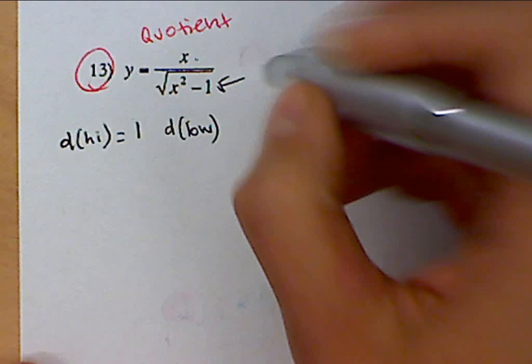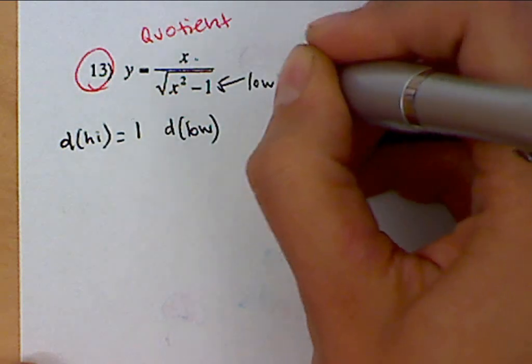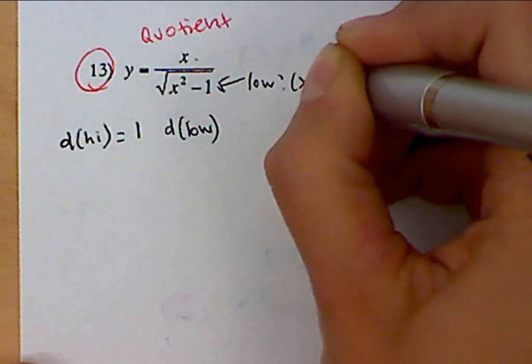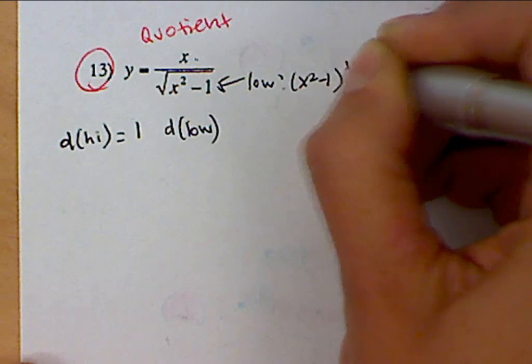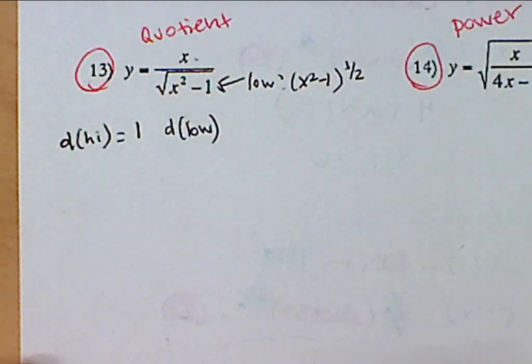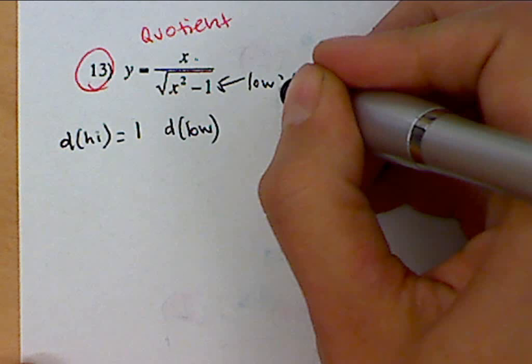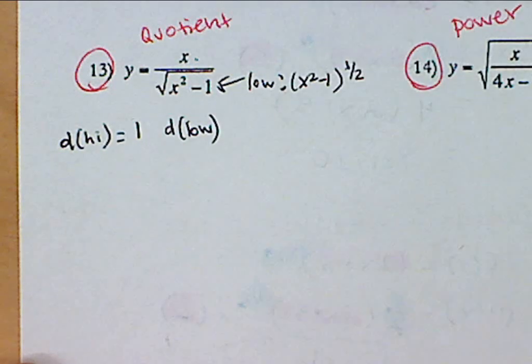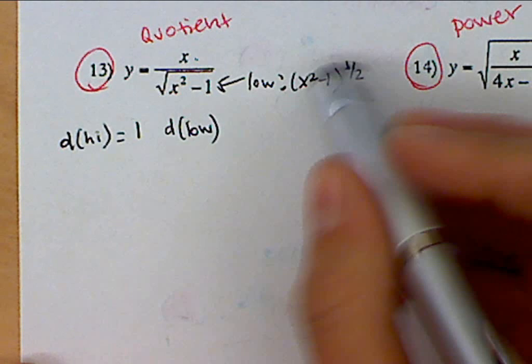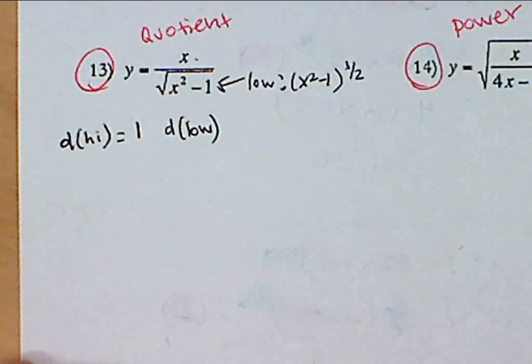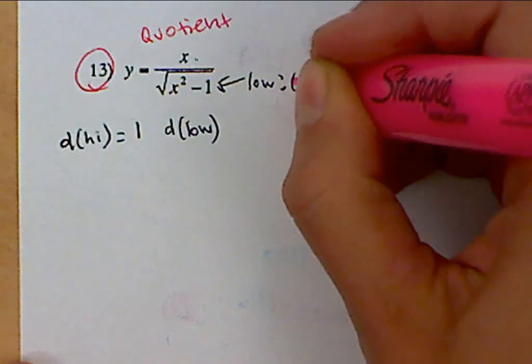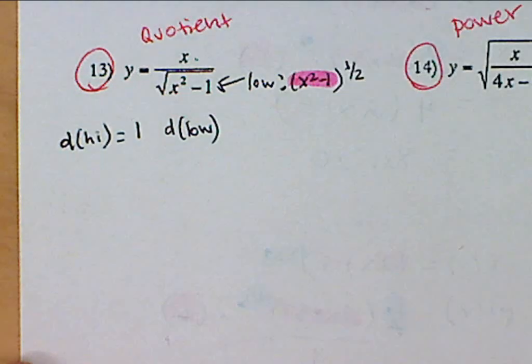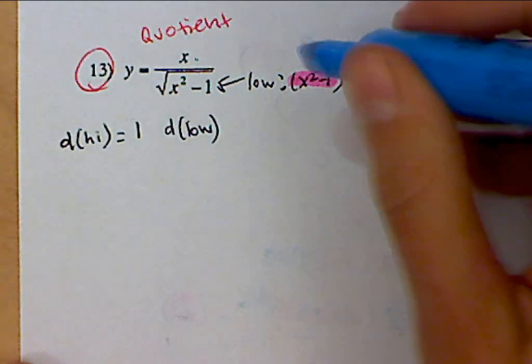So this low function I'm going to rewrite as (x squared minus 1) to the 1/2, so that I can take the derivative of that easily. So that's my lower function. When I take the derivative of this, I need chain rule, so I have my inner function x squared minus 1, and my outer function is the power of 1/2.